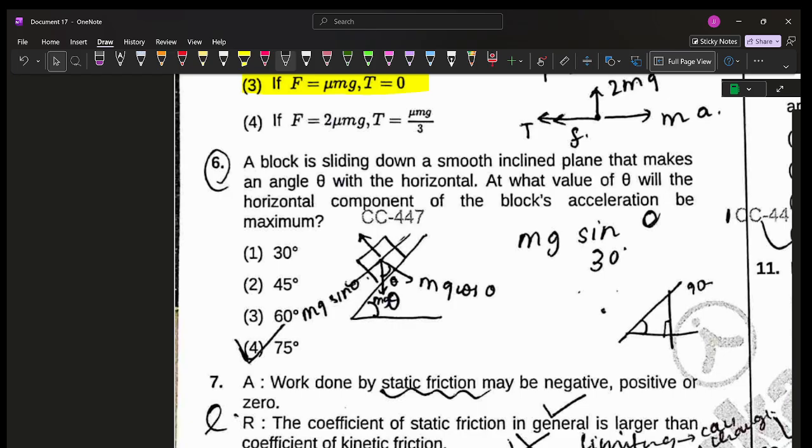So its horizontal component is going to be a cos theta. Something is fishy.